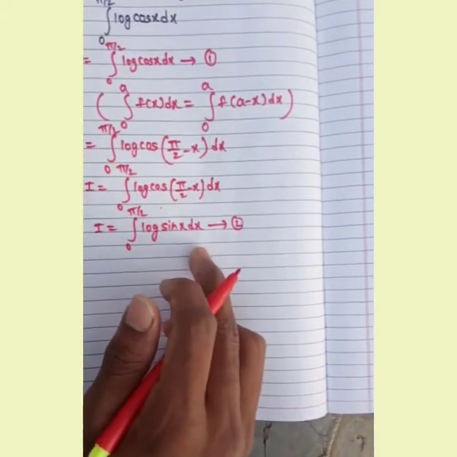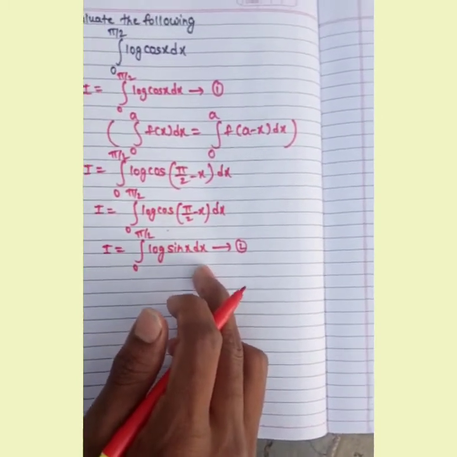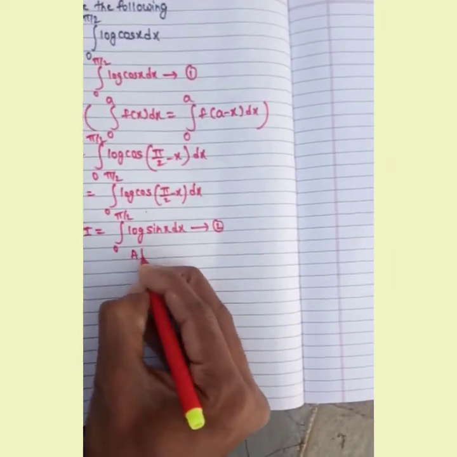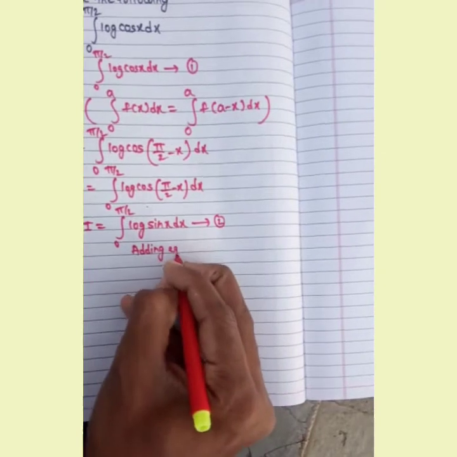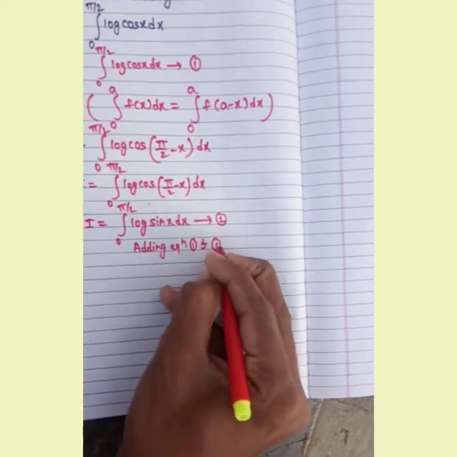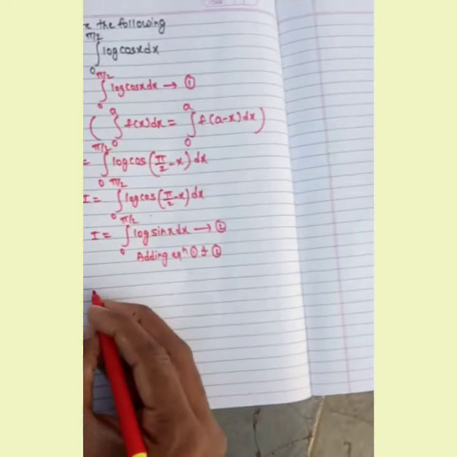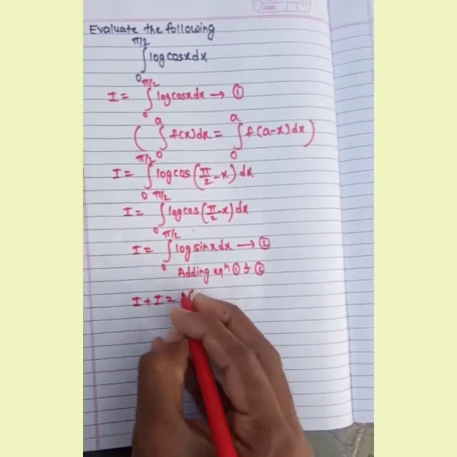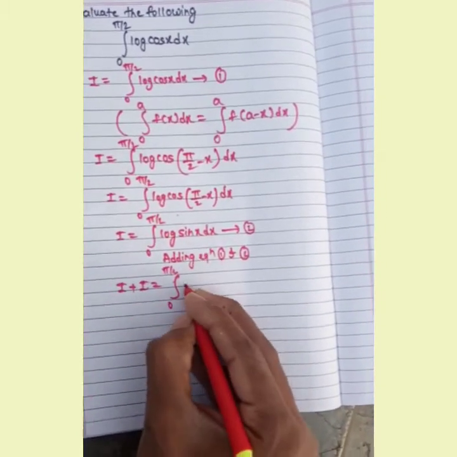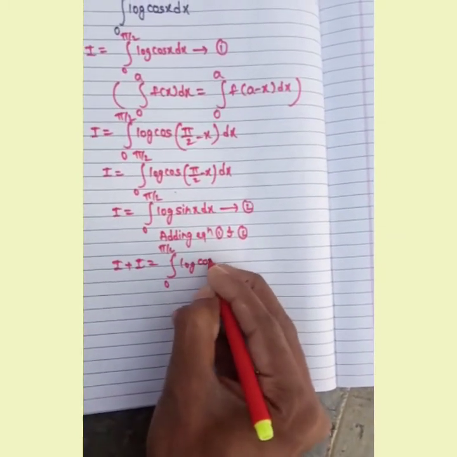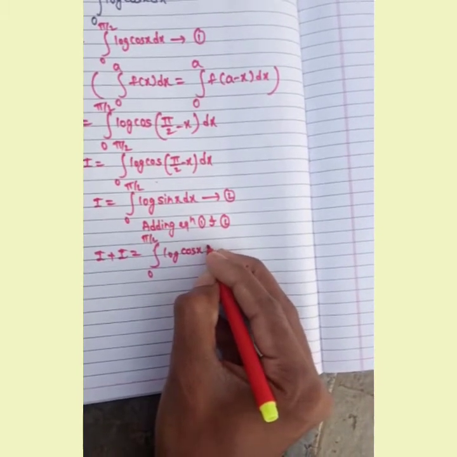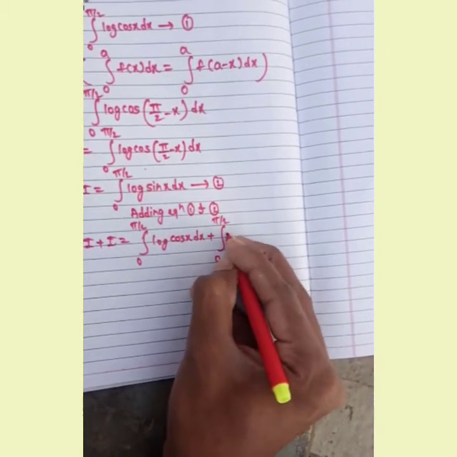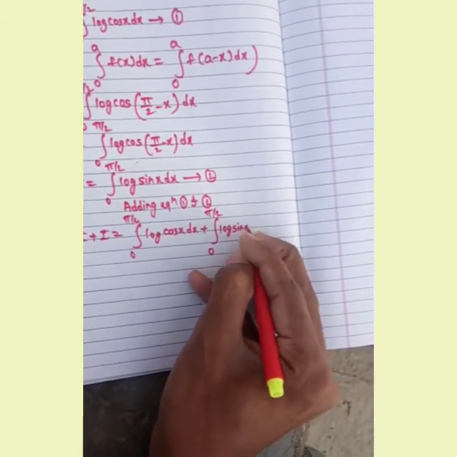After this we will take the addition of equation number 1 and equation number 2. So adding equations 1 and 2, we will get I plus I is equals to integration from 0 to pi by 2 log cos x dx plus integration from 0 to pi by 2 log sin x dx.